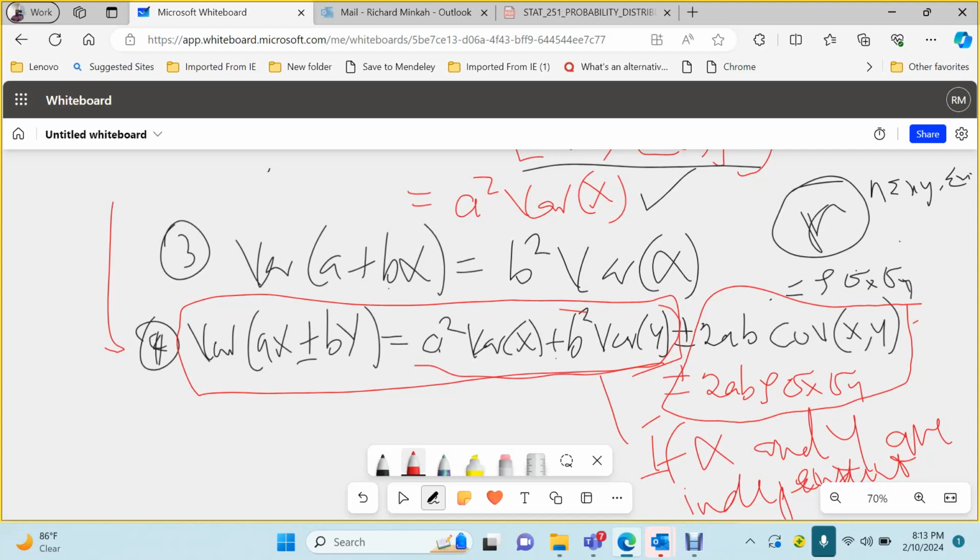So that's it with expectation and variance. Any question? When you take a random variable, you should be able to calculate the variance by finding the expected value of x, then the expected value of x squared.